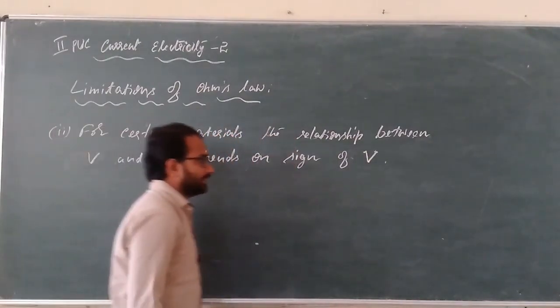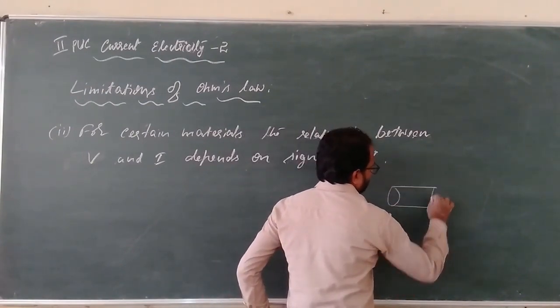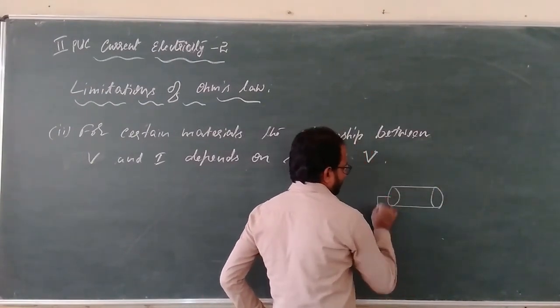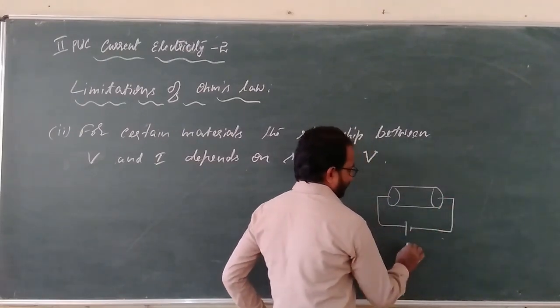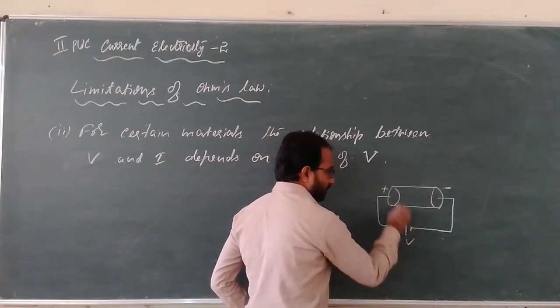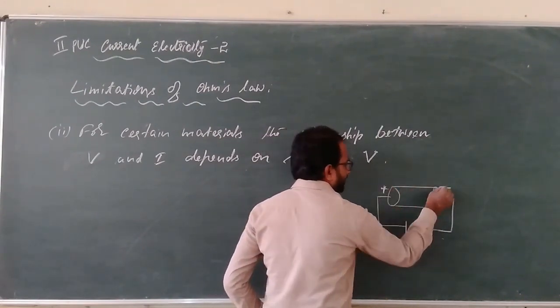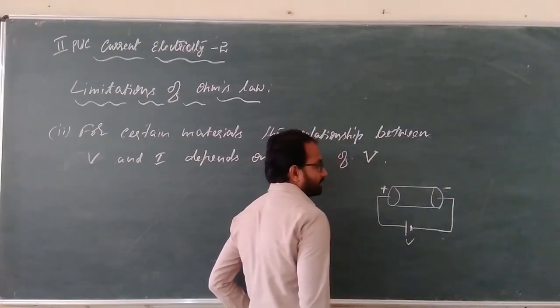Say in the case of a conductor, say this is a conductor in the form of a cylinder. Say this is the applied voltage. This is the polarity of the applied voltage. This end is positive and this end is negative, because this end is connected to the positive terminal of the battery, and this end is connected to the negative terminal of the supply or cell.